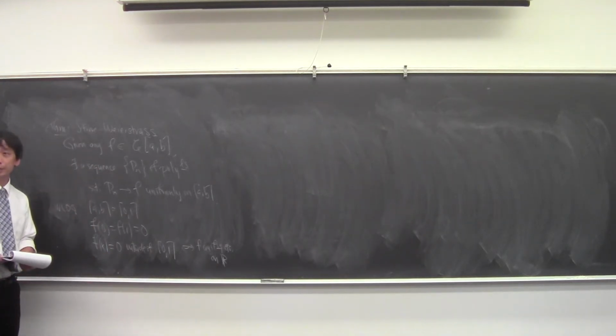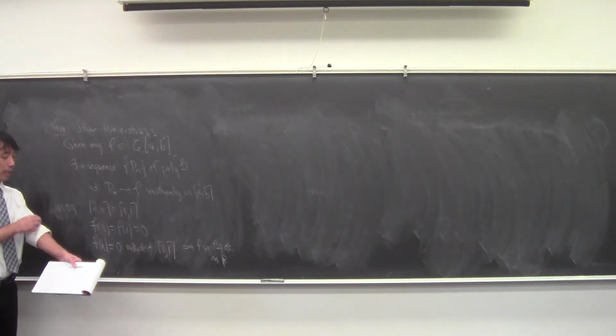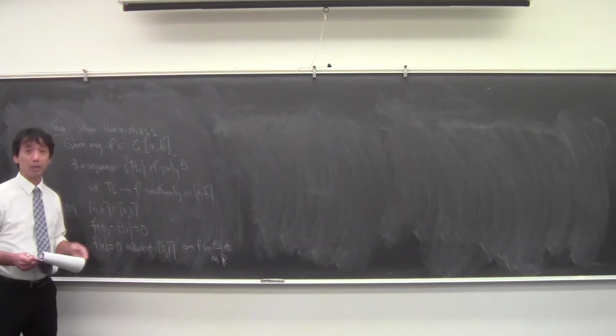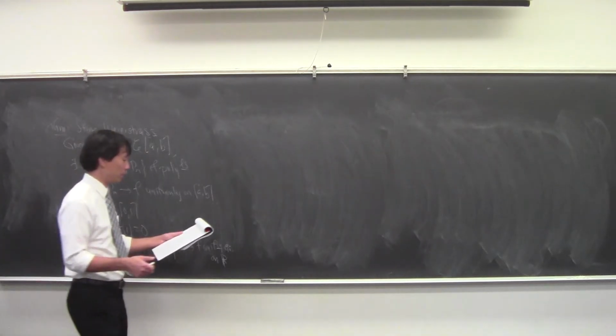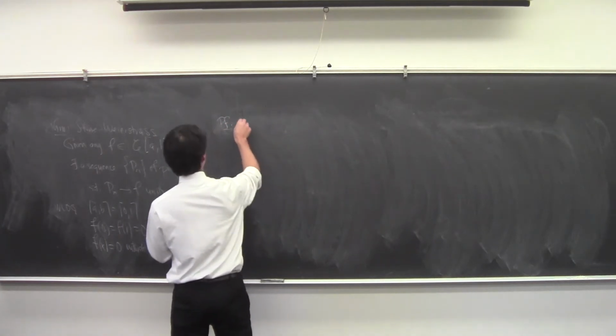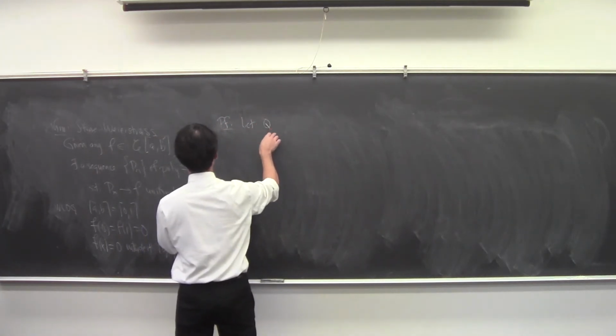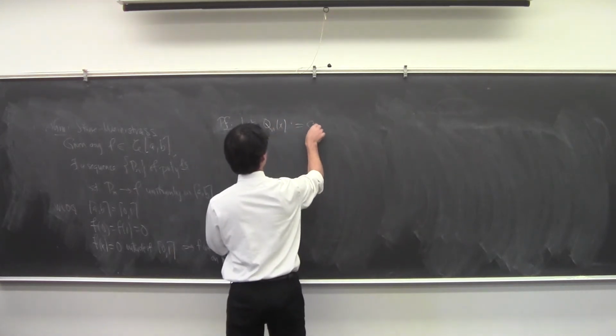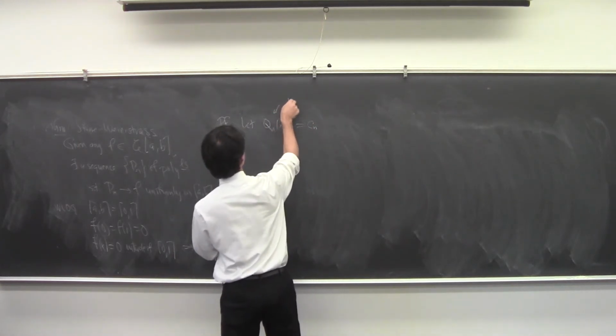Our idea was to create an approximation of the identity, and then use that approximation of the identity to construct the p's, to construct the polynomials. So the proof was that we would let q sub n be defined, and these are what are called the kernels.